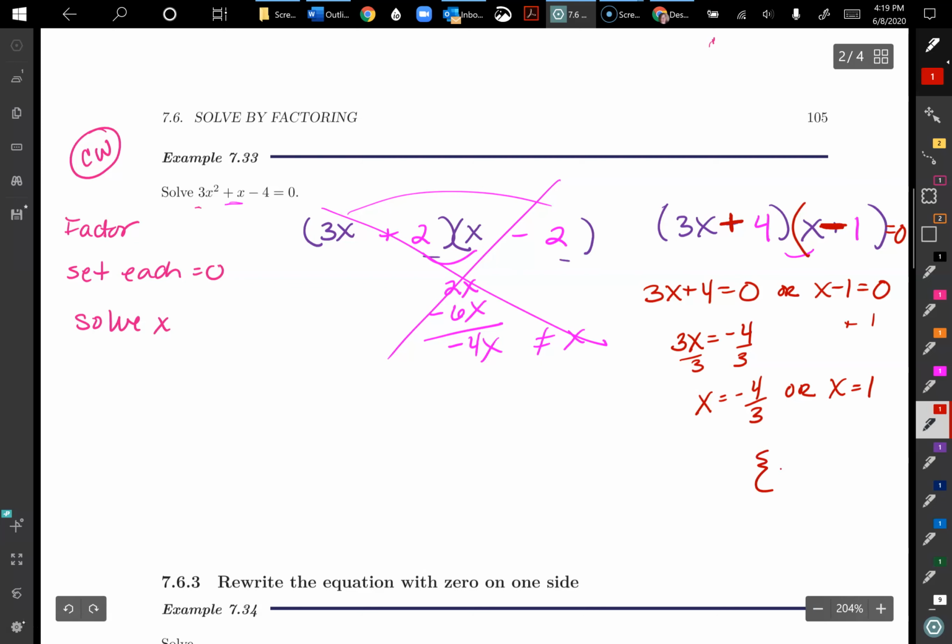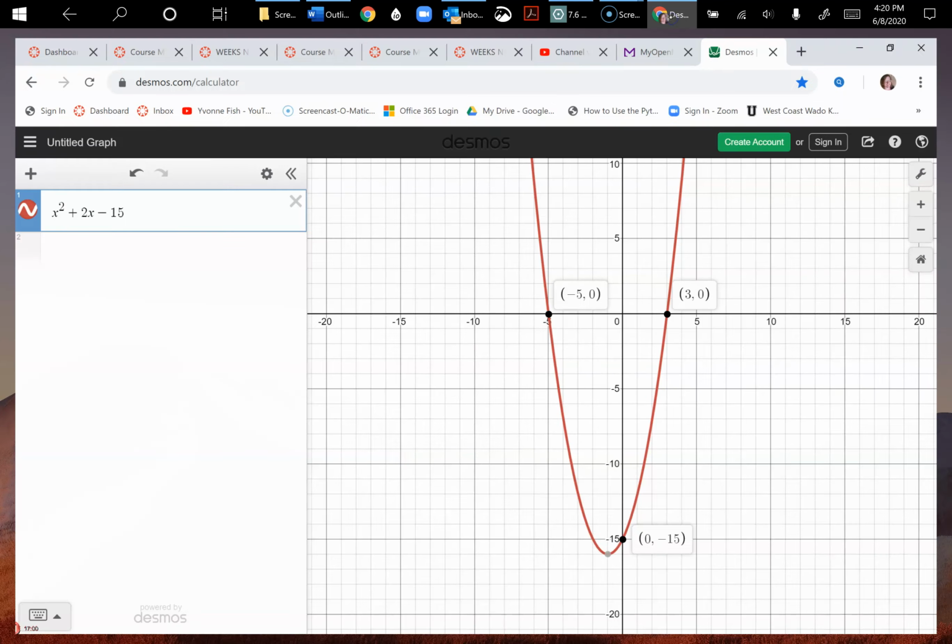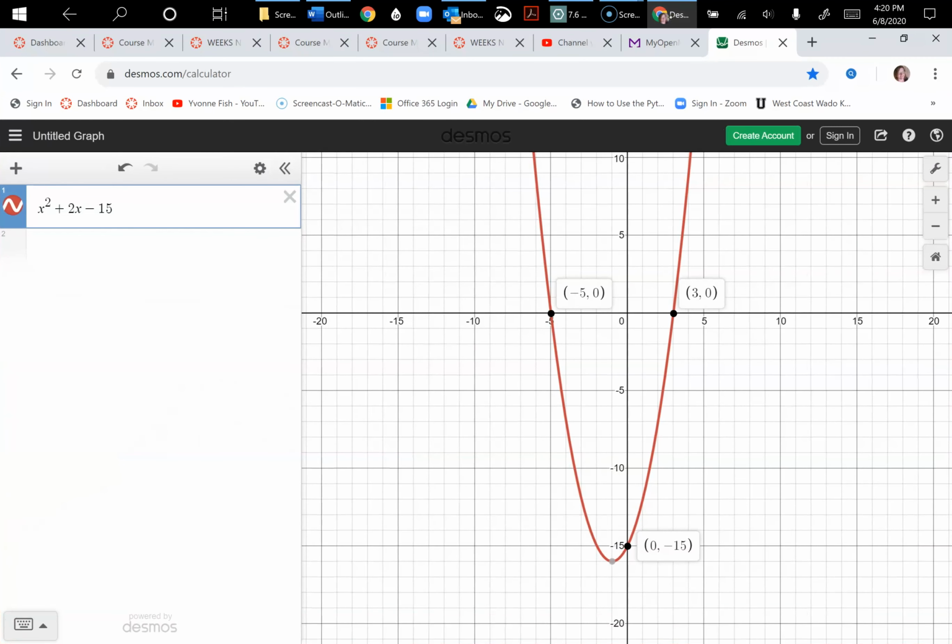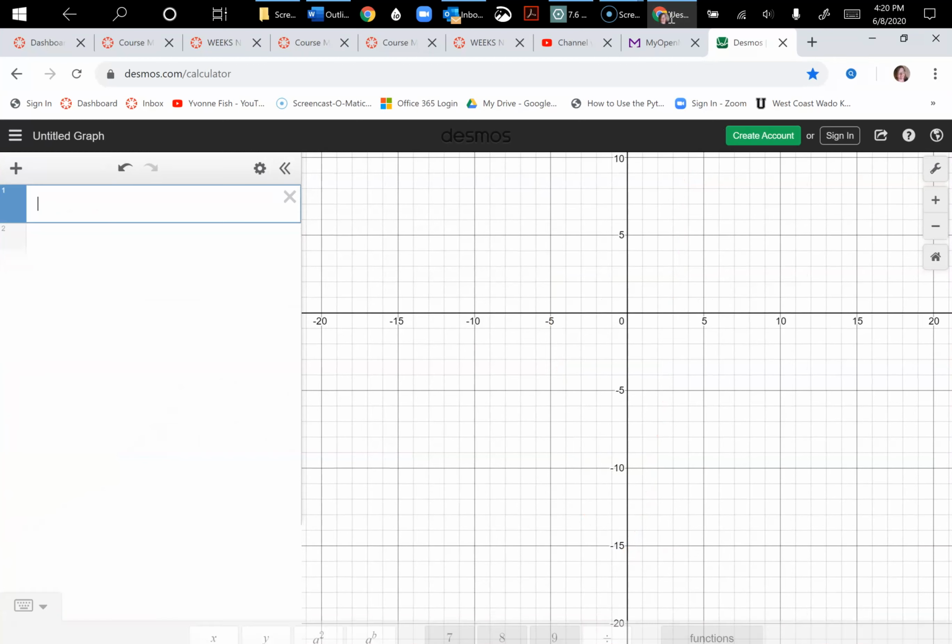So in set notation, as we talked about earlier, it would be negative 4/3 or 1. What this would look like if I were to plug it into Desmos, you can just go to desmos.com and do any of these that you want.